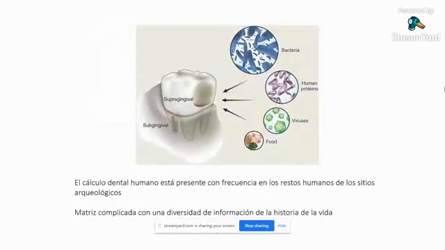So we now understand that dental calculus is a very complicated matrix that's chock-a-block with all sorts of information reflecting the life of the individual. Predominantly, it is bacteria, but also we have DNA of the host, human proteins, food proteins, viruses, and food, as well as, of course, food DNA too, and phytoliths and all these other factors.